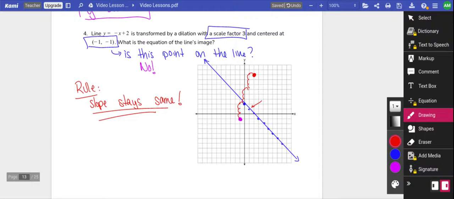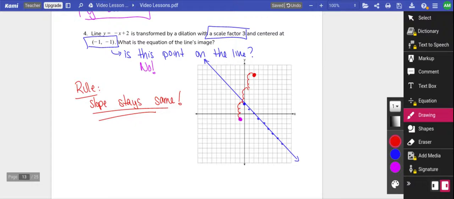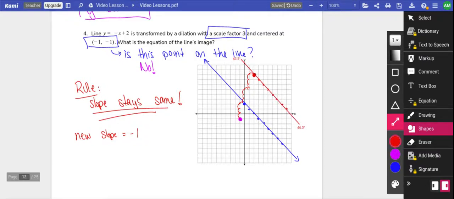So because of that, I can just graph the rest of my line based on that rule: my slope is still going to be -1. So -1 over 1 all the way down my graph. And here is my new line, which is not super straight. There we go.